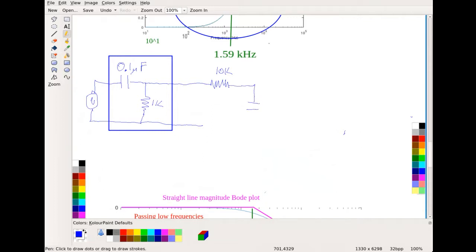And I'm going to put a capacitor here. And this is going to be my output voltage here.